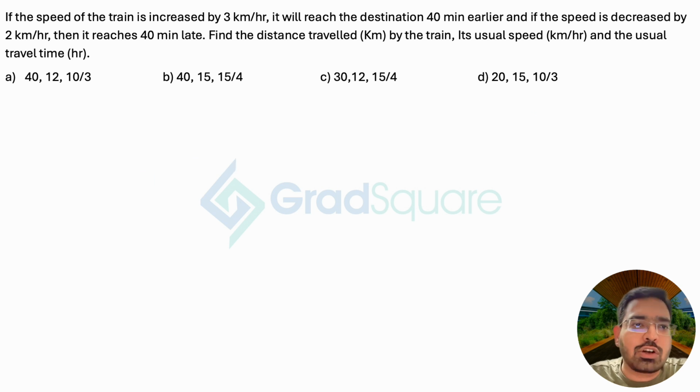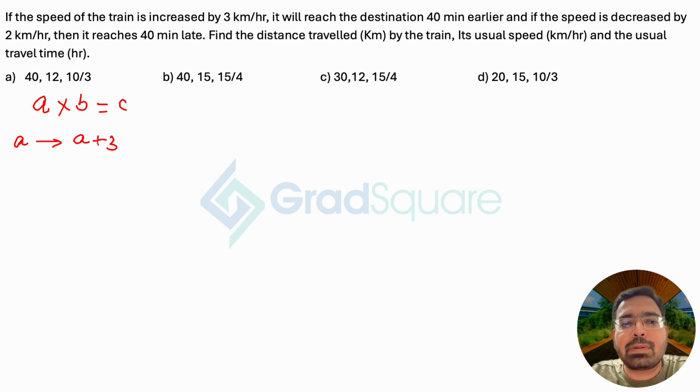Okay, so let's move on to the question. If the speed of the train is increased by 3 kilometers per hour, let's say suppose the speed of the train is A and the time period is B, so the distance turns out to be equal to C. Now A has increased by 3 kilometers per hour, so the value of A has become what? The value of A has become A plus 3, correct? So this has become what fraction? It has become A plus 3 times A, divided by A, right?